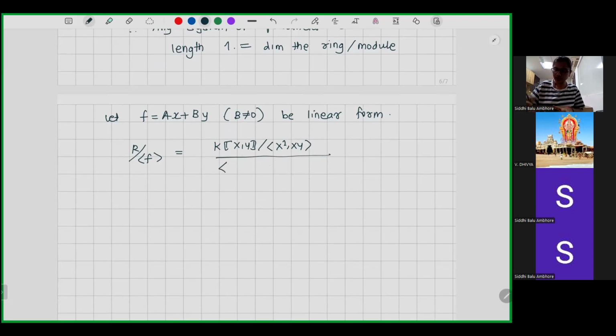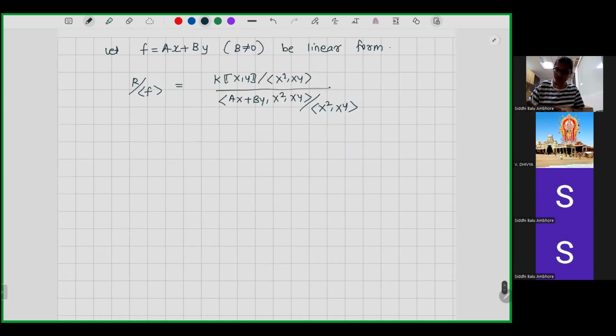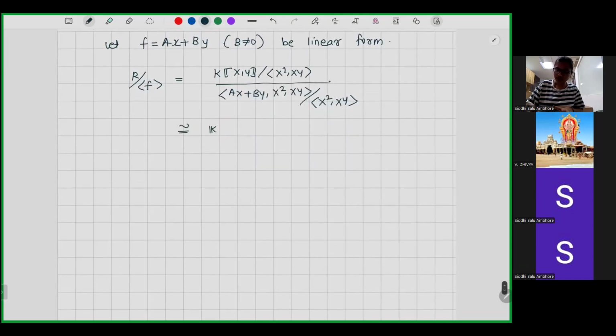No, I want to check with respect to (ax plus by, x square, xy) quotiented by (x square, xy). So this is isomorphic to the ring K[[x,y]] quotiented by (ax plus by, x square, xy).